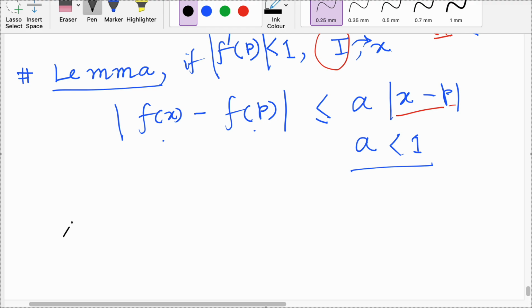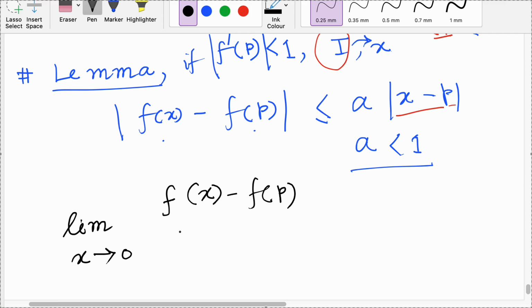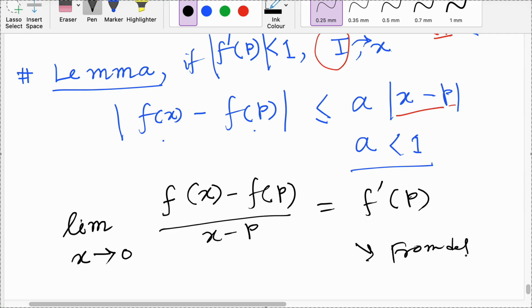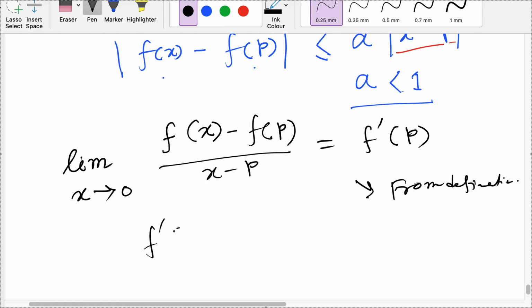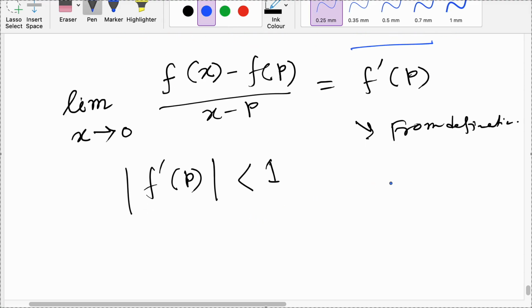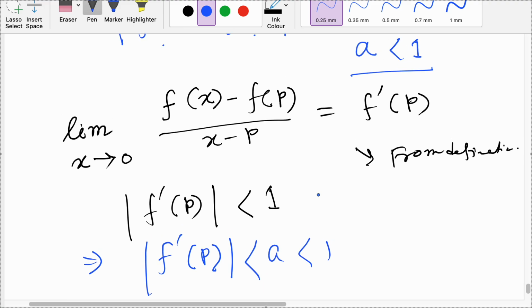From the definition of the derivative, we know that (f(x) - f(p)) / (x - p) tends to the first derivative f'(p). Now, since we know that |f'(p)| is less than 1, we can say there exists a constant, say a, which also follows this relation, less than 1.